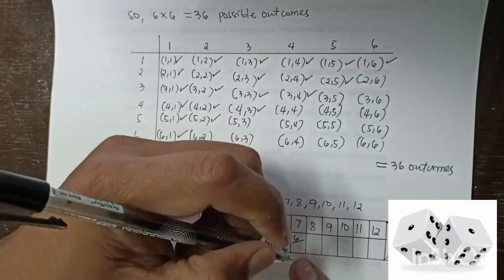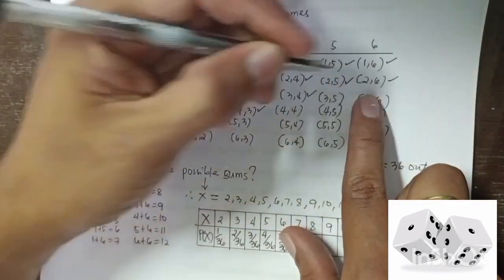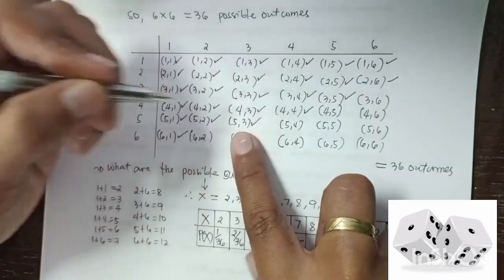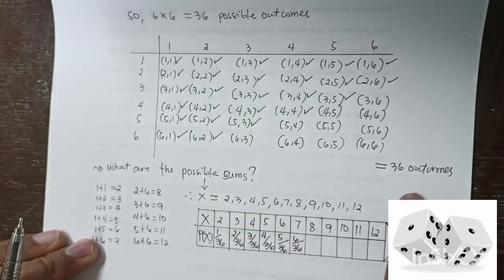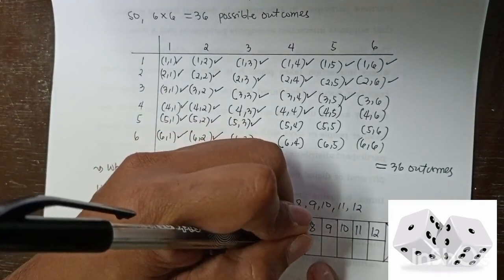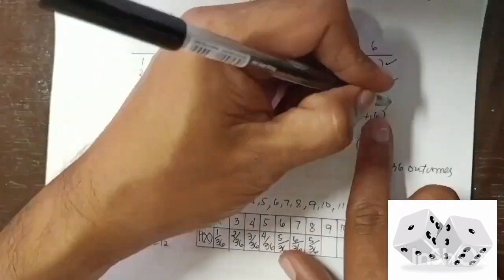So there are 6 out of 36 outcomes. So the probability is 6 over 36. For a sum of 8, out of 36 outcomes, there are only 5. So we have 5 over 36.